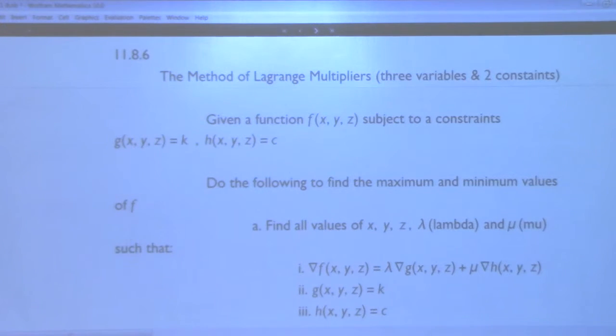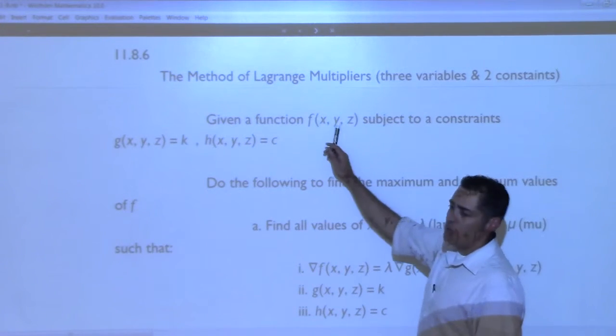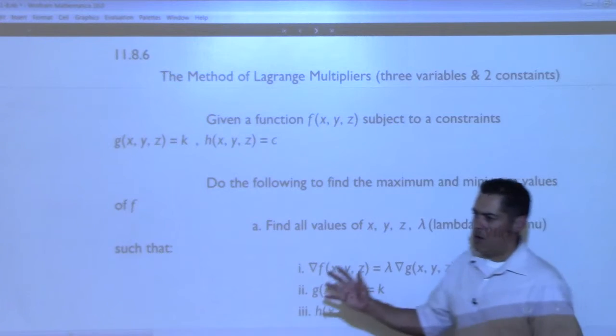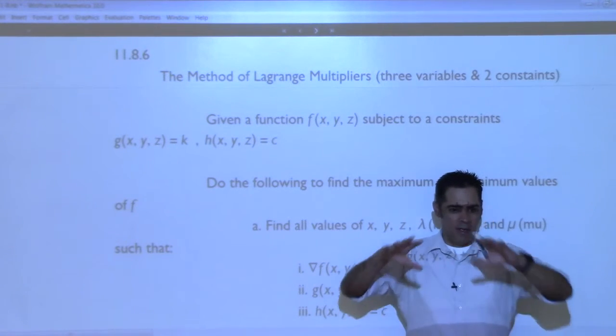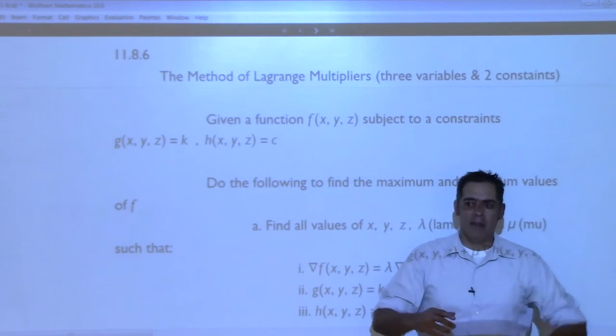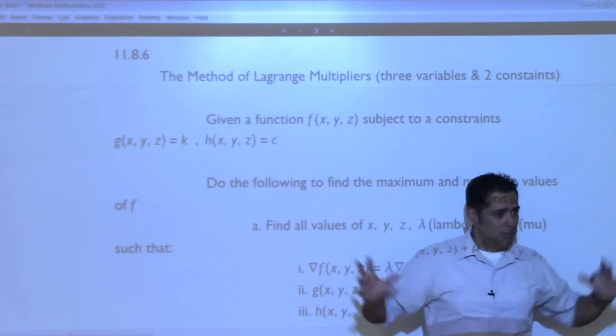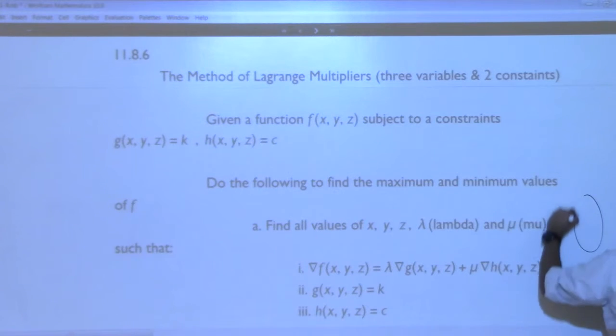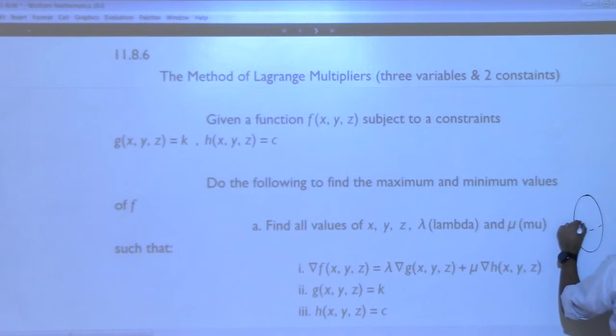All right, so what if we have a function of three variables again, but instead of having a single constraint, we have two constraints? Remember we had the problem that started off the class, and I tried to give you the idea of like you have this eggshell and you have a temperature, right? Well, what if instead of having an eggshell, this is a three-dimensional eggshell, what if I have another surface like a plane?